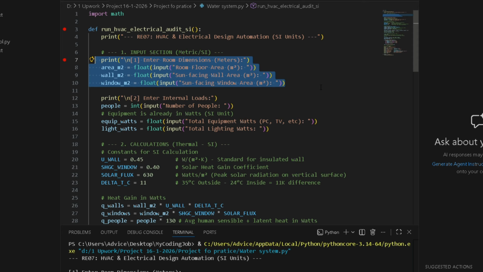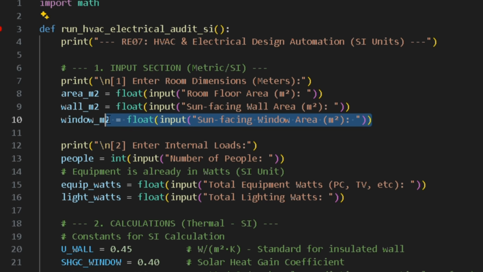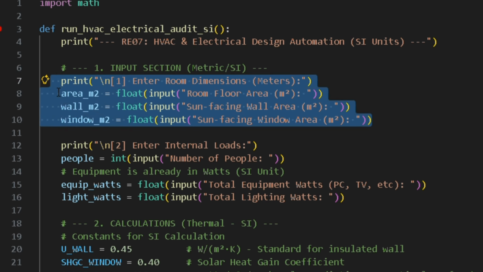Here, the user enters the room floor area, the wall area exposed to the sun, and the window area exposed to the sun. We convert these values to float, because they may contain decimal numbers. These three values form the foundation of all thermal calculations. Larger surface areas mean more heat transfer into the room, and therefore higher cooling load.